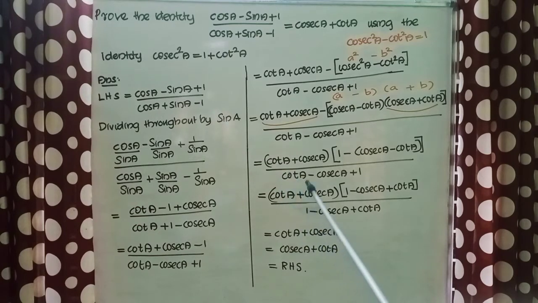So we get (cot A plus cosec A) into (1 minus cosec A plus cot A) divided by the denominator, which I am also going to arrange: first 1, then minus cosec A, then plus cot A. Now you can see the common term 1 minus cosec A plus cot A in the numerator and denominator. We can cancel it. There is remaining cot A plus cosec A, that is the same as cosec A plus cot A. That is our RHS. So we have proved LHS equal to RHS.